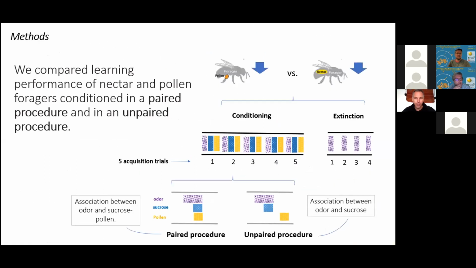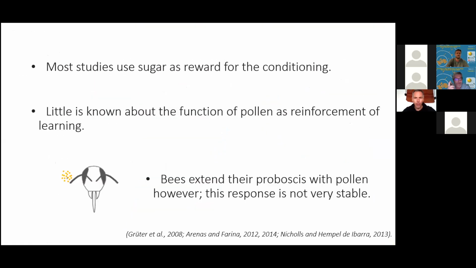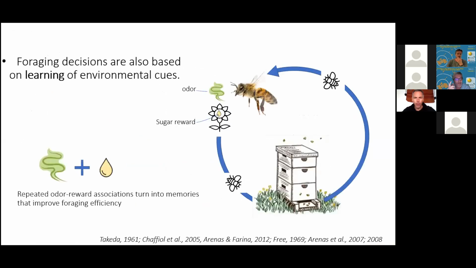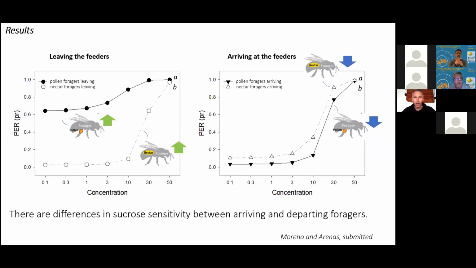Perception? The change in the sensitivity before and after, this one, yeah. So actually, you collected the bees that were arriving at the feeder, and then you collected bees that were leaving the feeder, right? Yes.